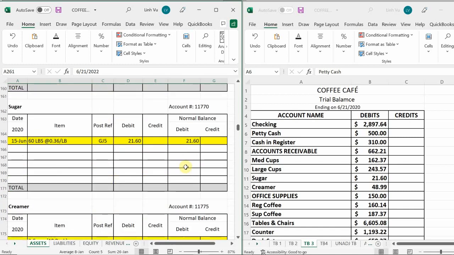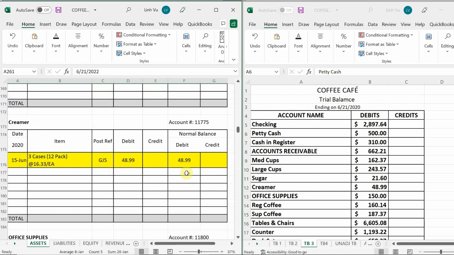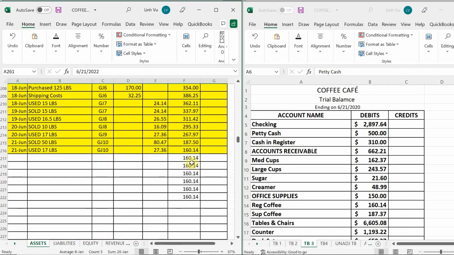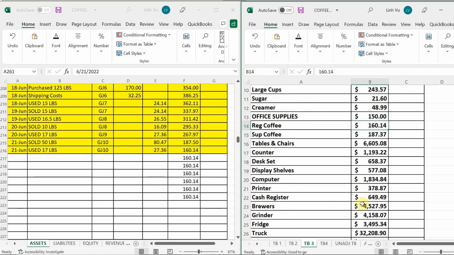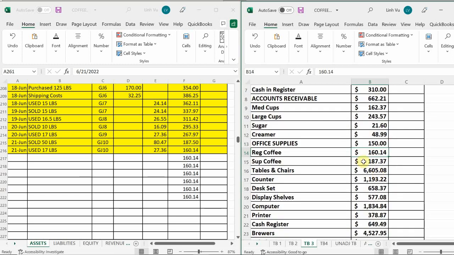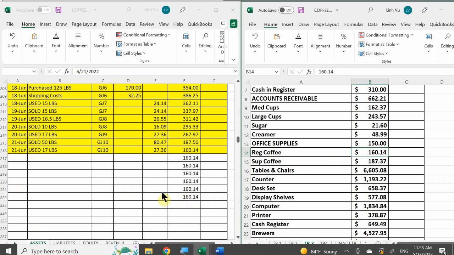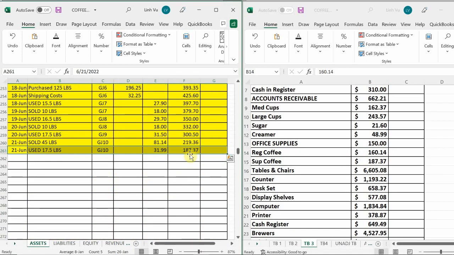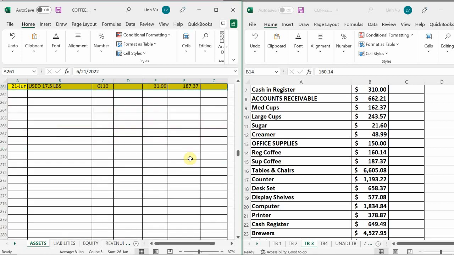Then sugar, 21.60. Creamer, 48.99. Okay. Office supplies, 150. Okay. My coffee should be 160.14. Okay. And then 187.37. Okay. Good, that's correct.